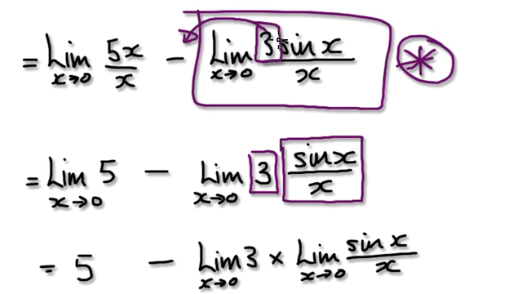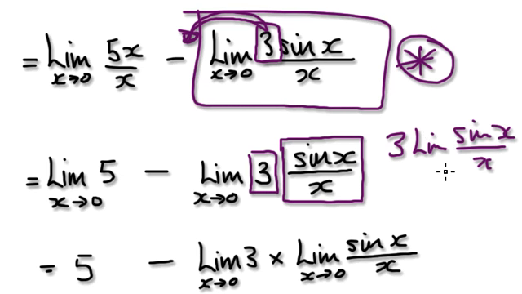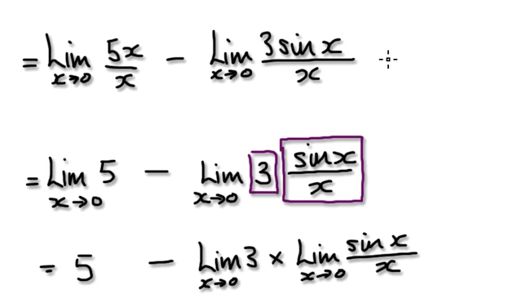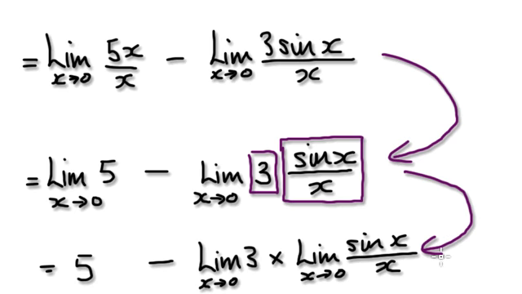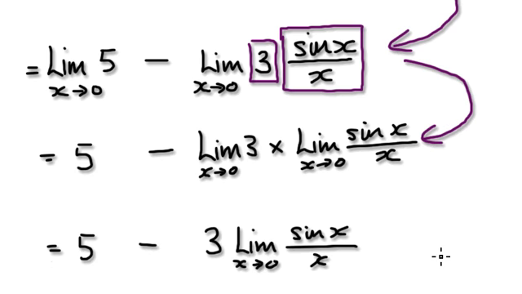When you are here, just take the 3 out. So you have 3, then the limit of sine x over x. If you're unsure on this, then by all means take it to this step, then this step, and then this step here.